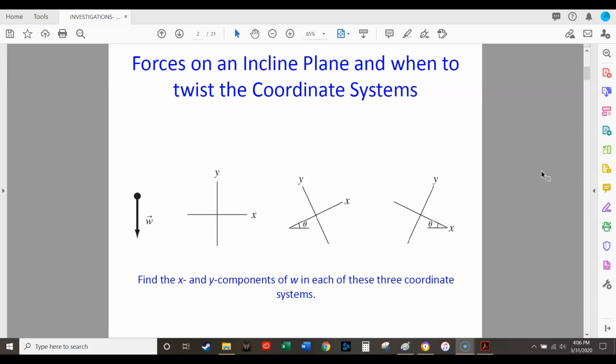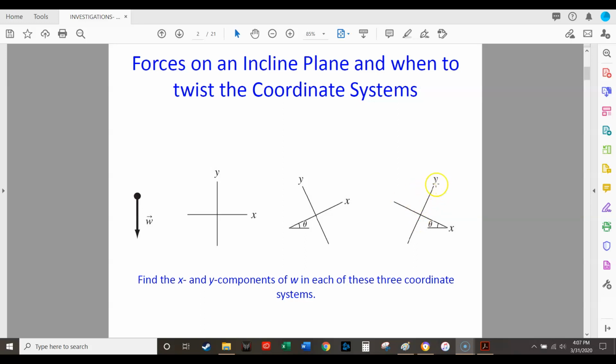So now, if we're in an inclined plane that is pointed up and to the right, our x direction part of the coordinate system is also going to be pointed up and to the right, and the y direction part will always be perpendicular to that. So that'll be twisted up and to the left. And if the inclined plane is pointed up and to the left, then we want the x direction part of the coordinate system to be doing the same.